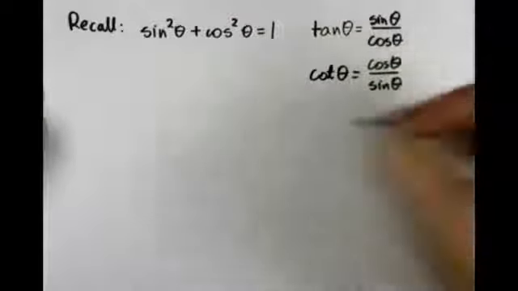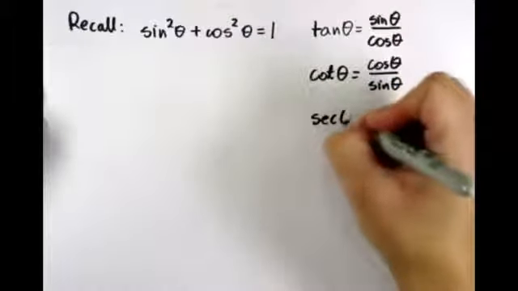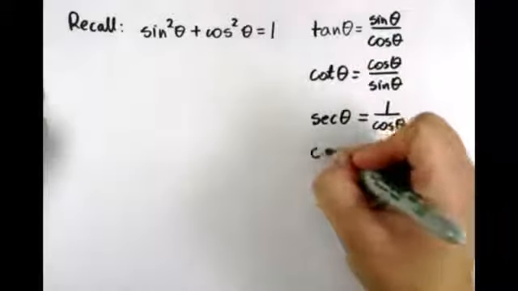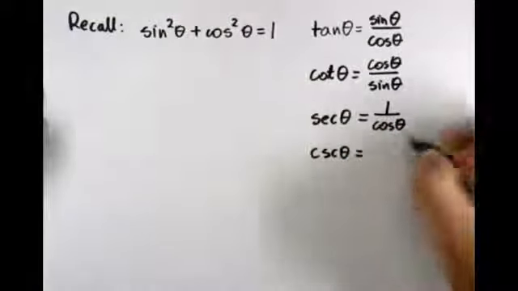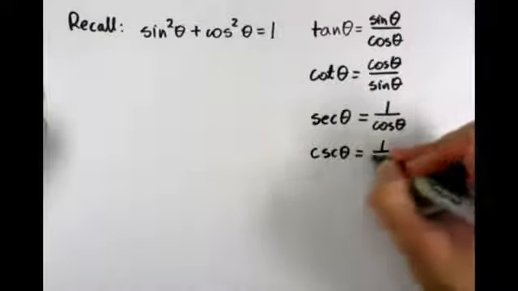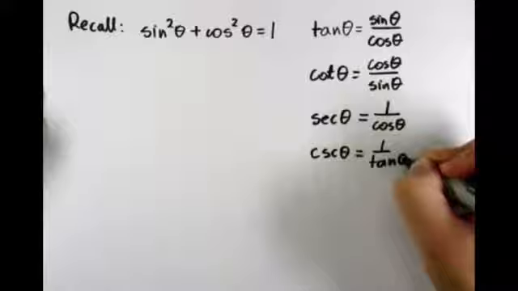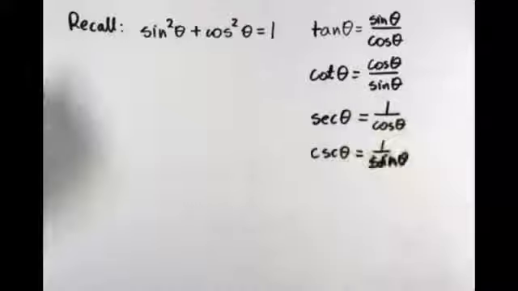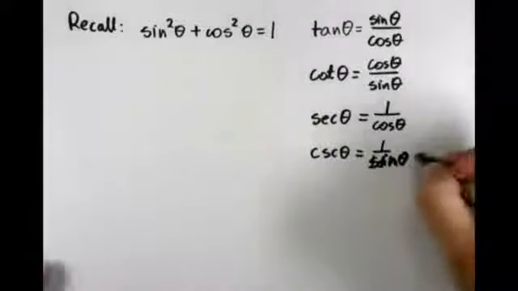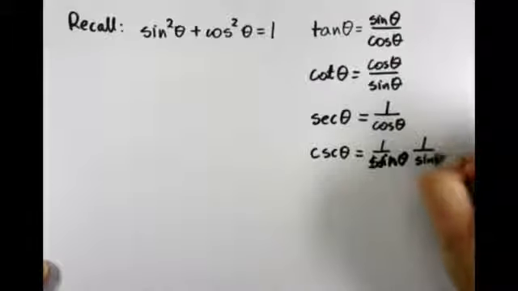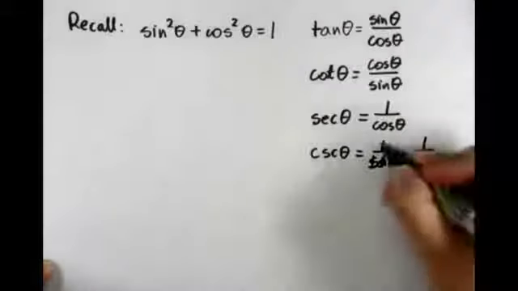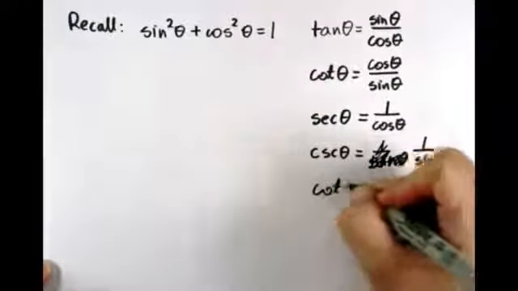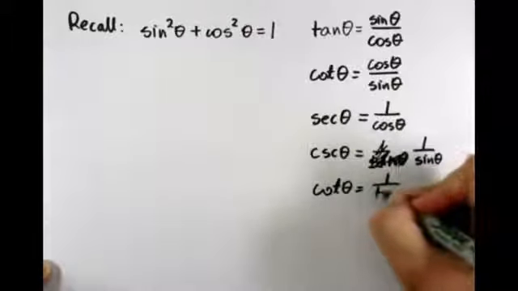The reciprocal ones: secant is 1 over cos theta, and cosecant is 1 over sine theta, and cotangent is also 1 over tangent.